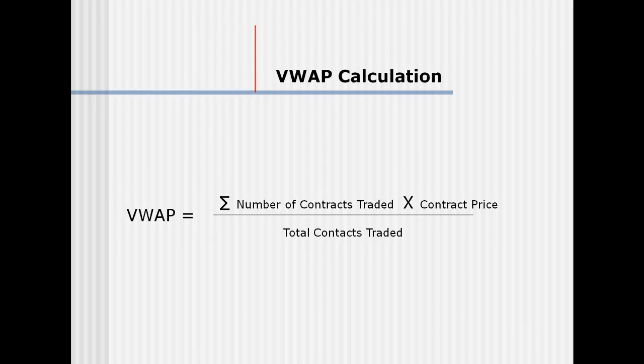So it is a mathematical calculation, and it changes from one day to the next. It also certainly changes during the day, but the initial value changes at the open from one day to the next. We always begin with a new VWAP whenever a day session opens.